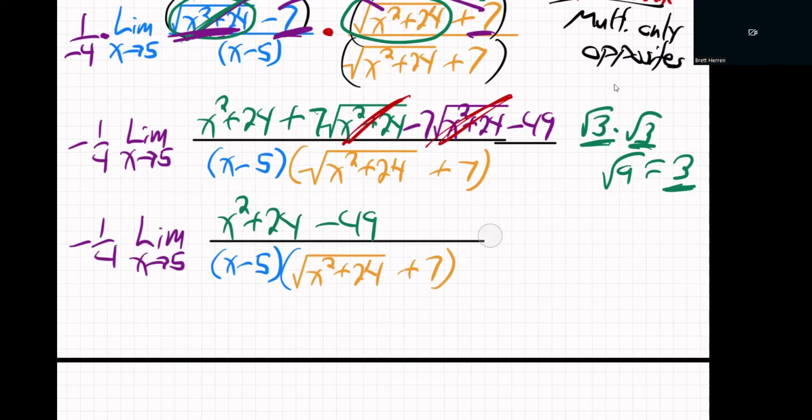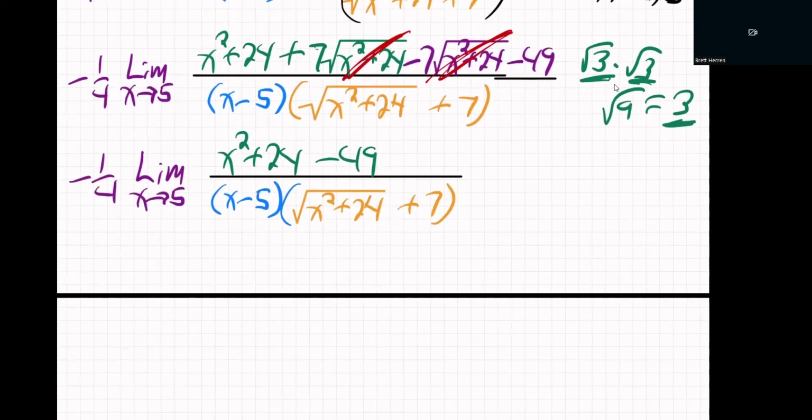Like so. Okay. So now what's going to go on? Well, let's combine these. What's 24 minus 49? It's minus 25. So that top becomes x squared minus 25.